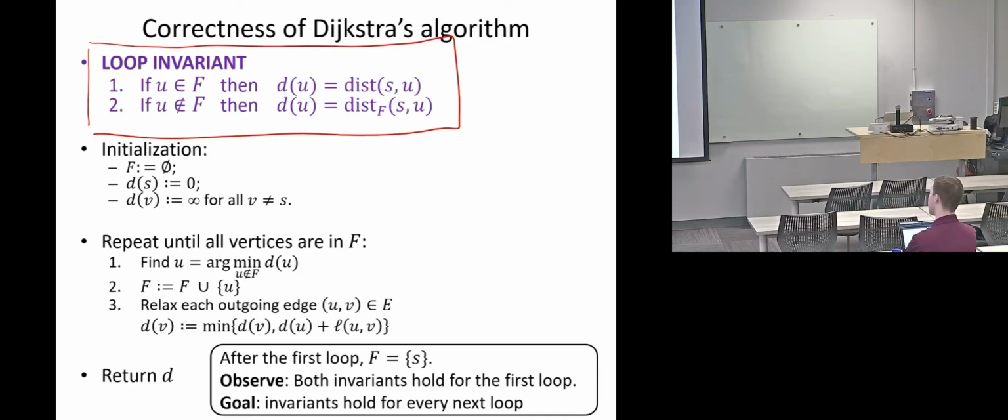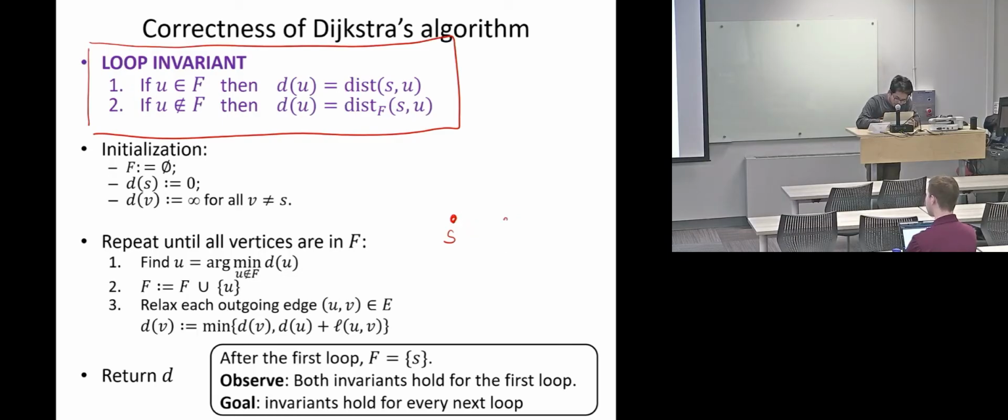How about everyone that is not finalized? We basically just relax everyone incident to s. So you have s and all of s's neighbors.